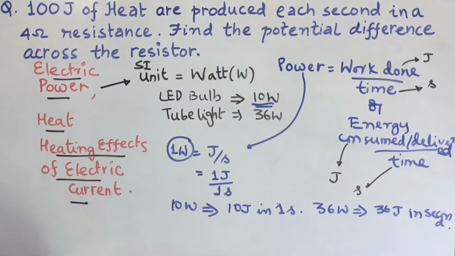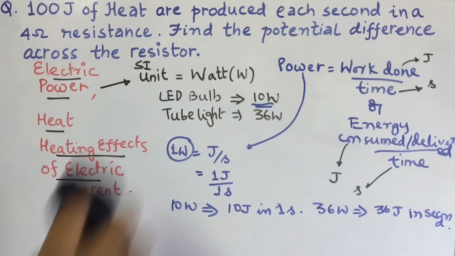Now when we are talking about energy, what is the source of energy for us? What is the source of electric power? The sources of electric power for us are batteries and generators, AC generators or DC generators. We are talking about electric energy.